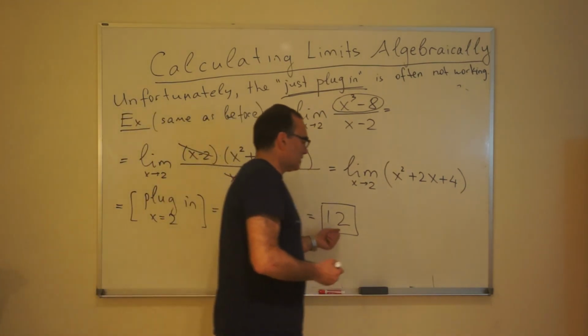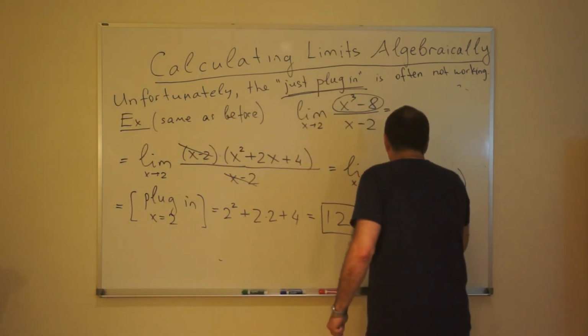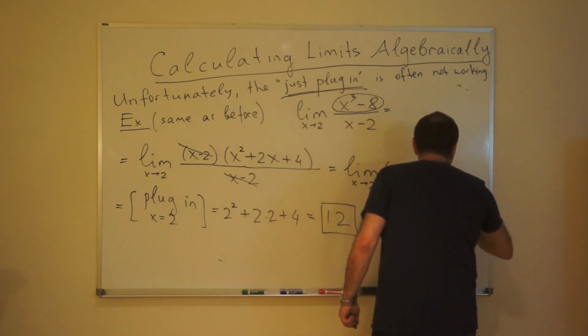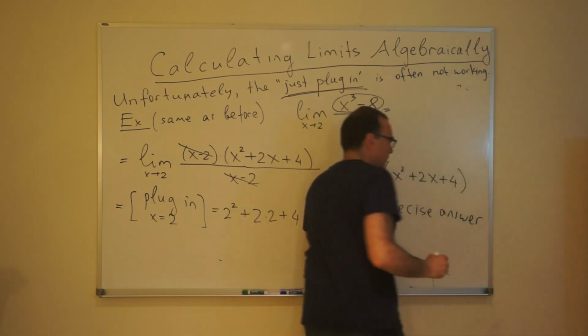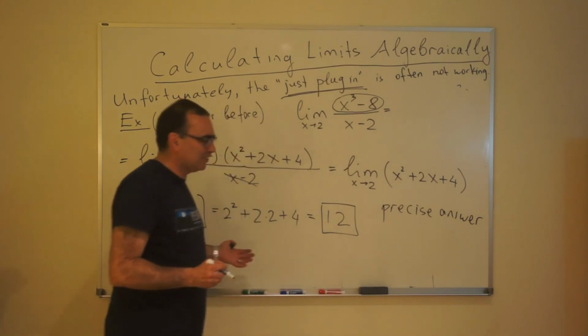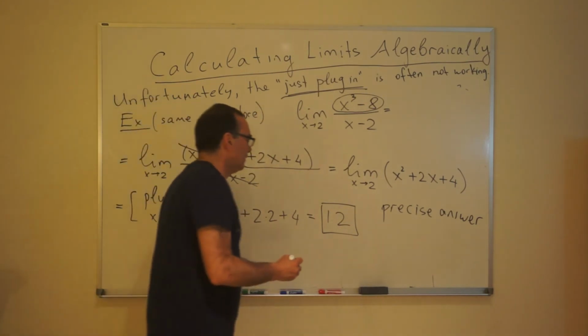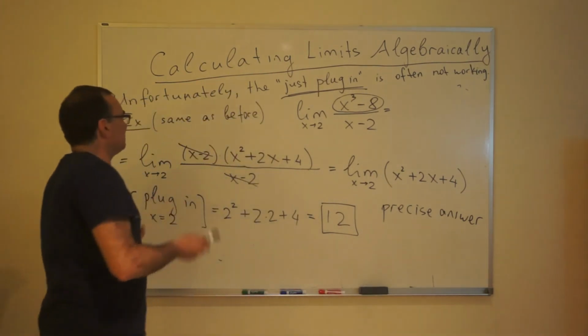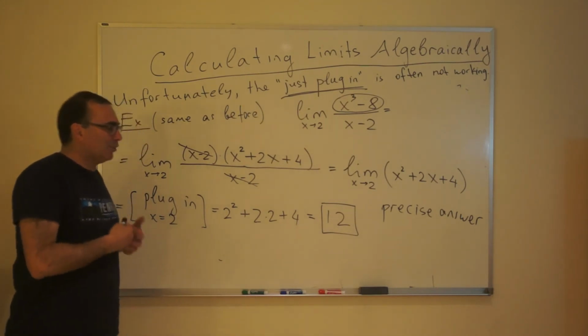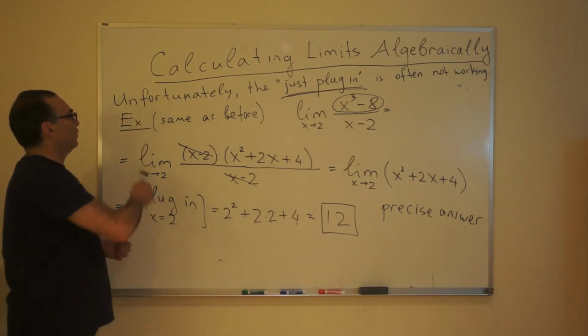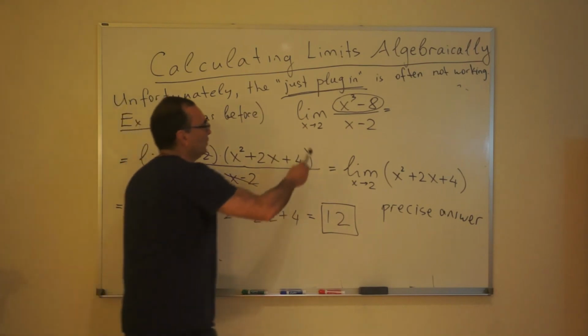And besides, this answer is precise. So now we can be 100% sure that this answer is exactly 12 and not 12.005. And that's why, whenever this method is available, it's always preferable in mathematics. So whenever possible, we calculate limits this way.